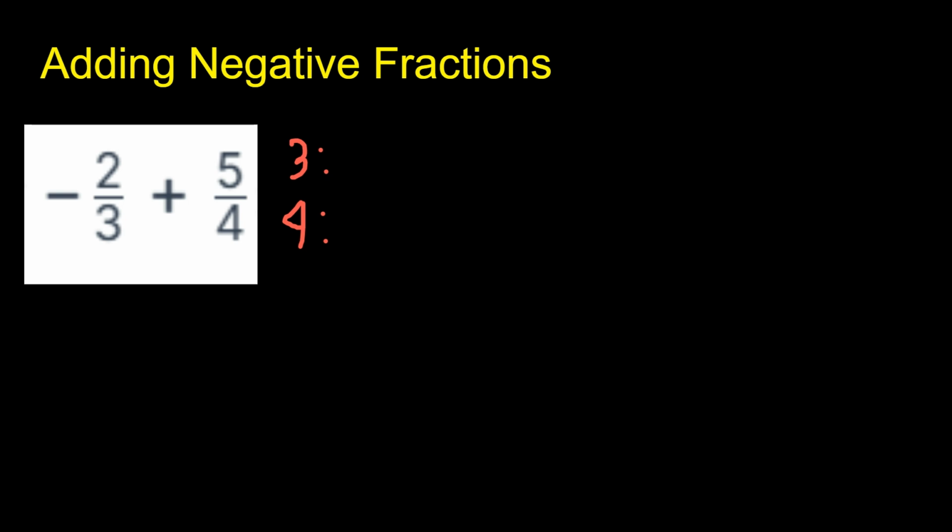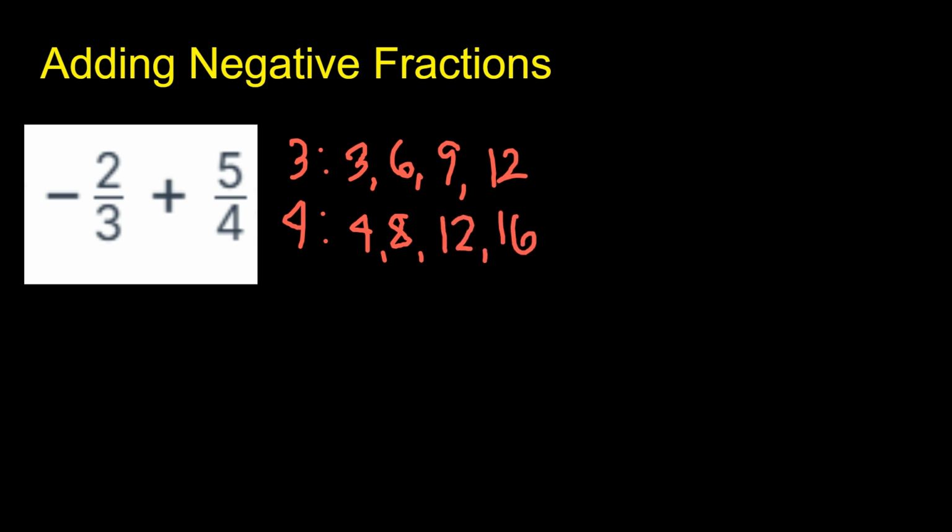The multiples of 3 are the following: 3, 6, 9, 12. That's for the multiples of 3. And for the multiples of 4, we have 4, 8, 12, and 16.